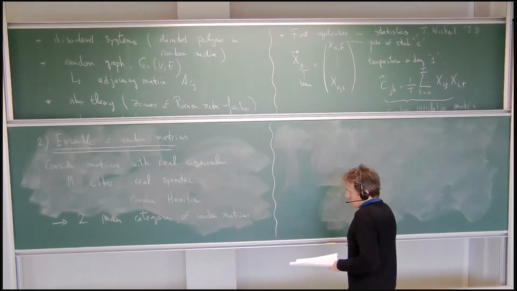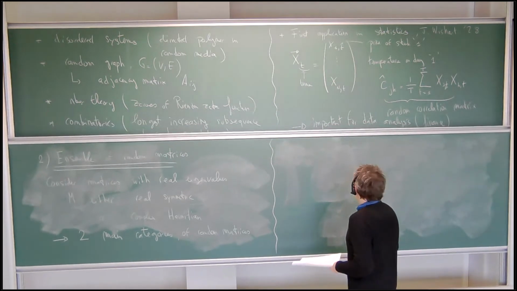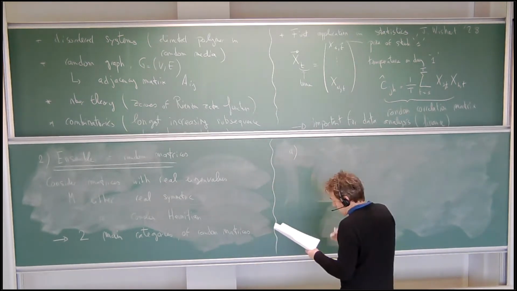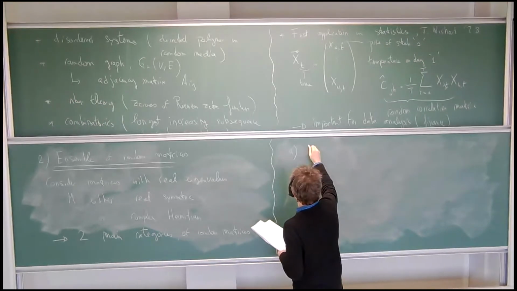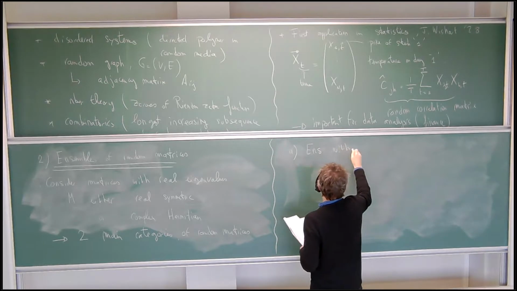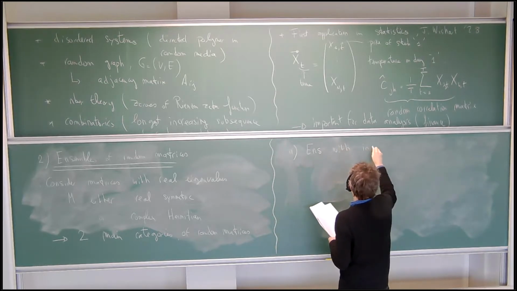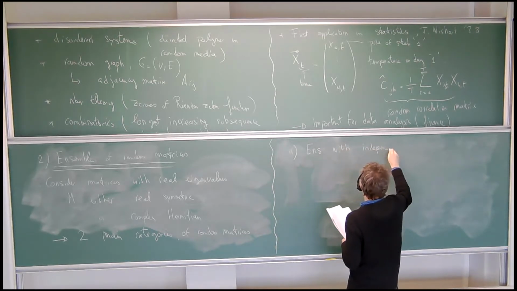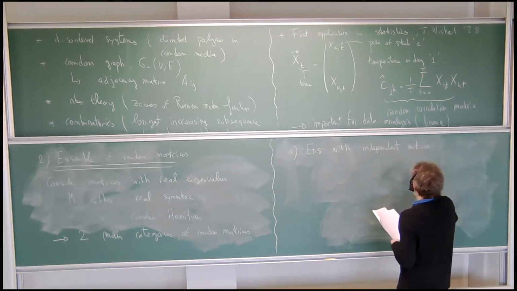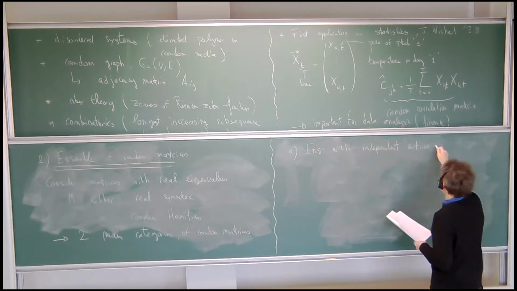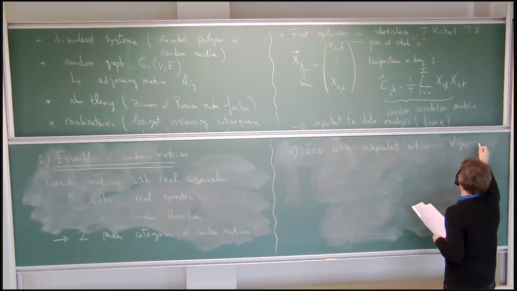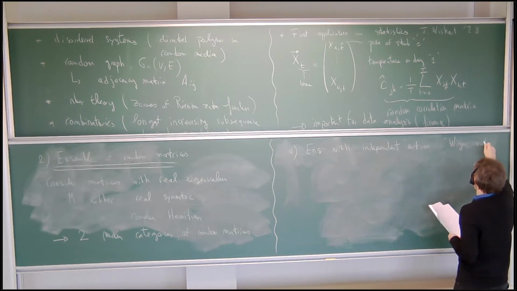The first one, and this is the one that was introduced by Wigner, is the ensemble that I would like to call ensembles with independent entries. This is what we usually call Wigner matrices, what is known under the name of Wigner matrices in the literature.